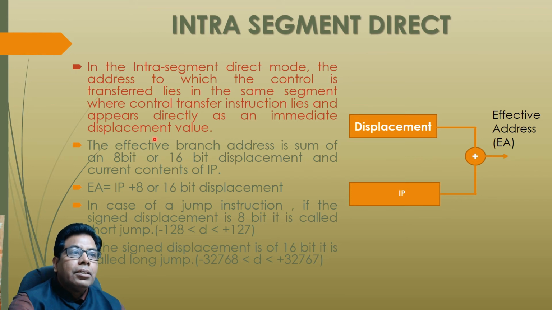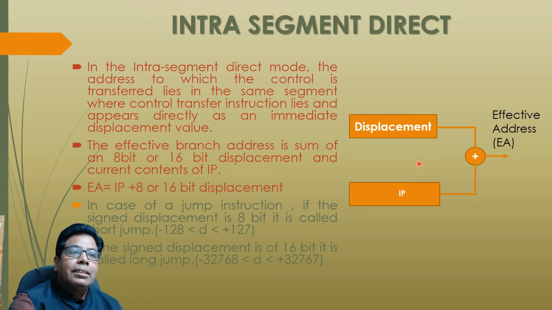So the effective branch address is the sum of an 8-bit or 16-bit displacement and the current contents of IP. So when we want to branch, we have to take the current contents of IP plus the displacement. So the effective address will be IP plus 8 or 16-bit displacement.